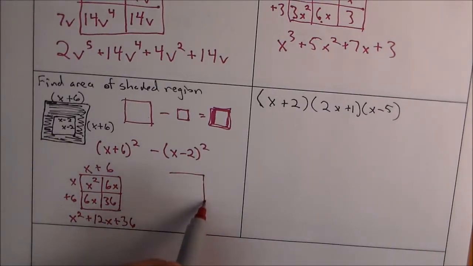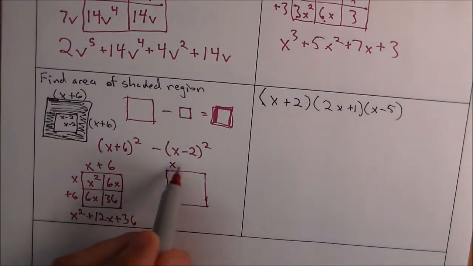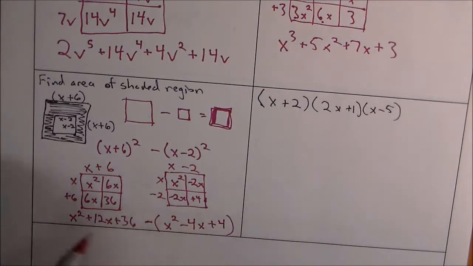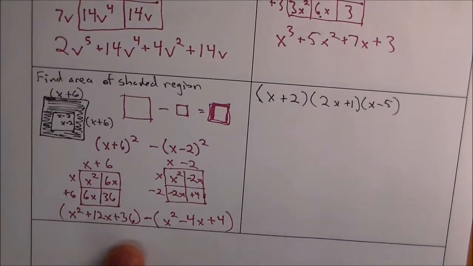For the other one, with x minus 2, we got x squared minus 2x, minus 2x, and positive 4. So we're subtracting x squared minus 4x plus 4 from our larger area.